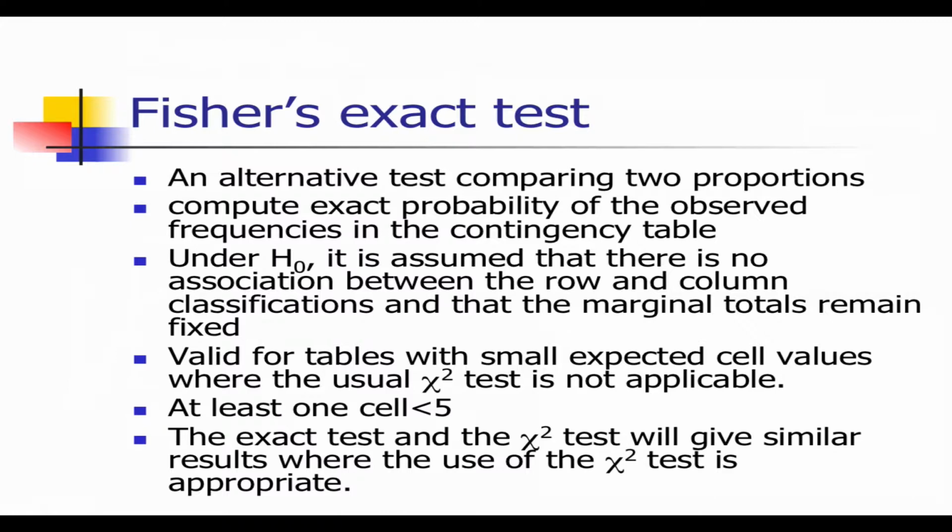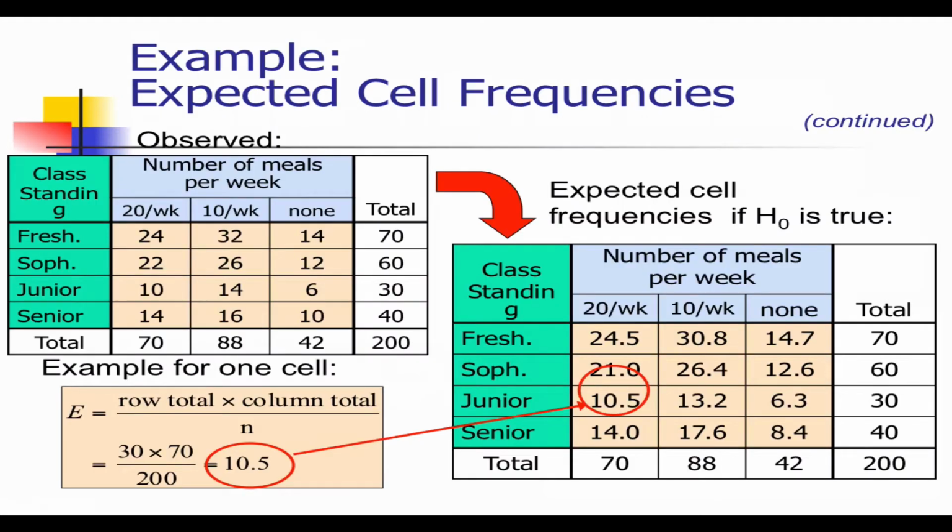It essentially is a scenario that if your grand total is too small, so that means when your grand total is too small, that your expected frequency for some of the cells or one cell would be very small. So in that situation, you might not meet the criterion for chi-square test.